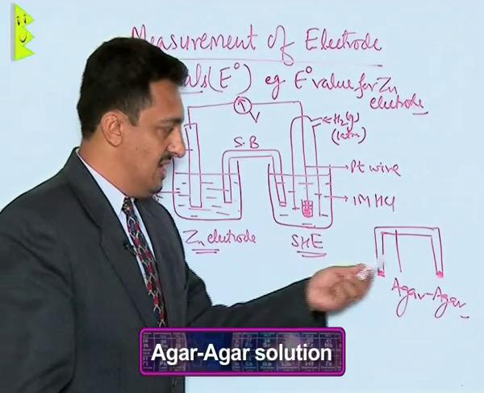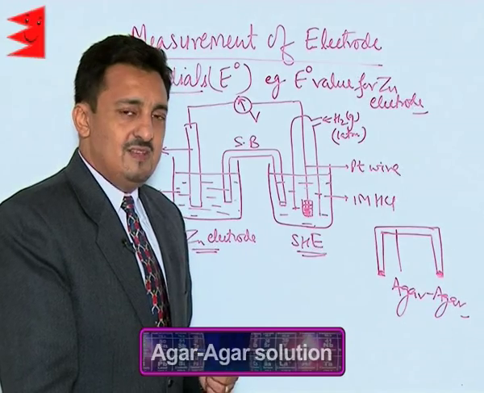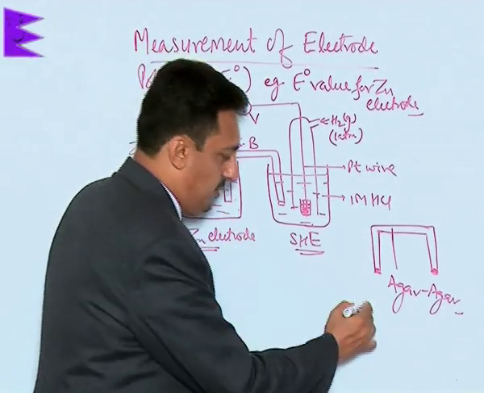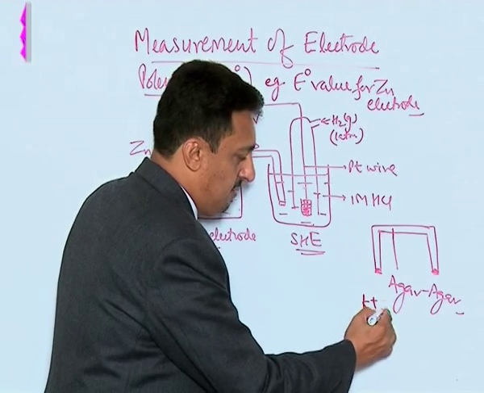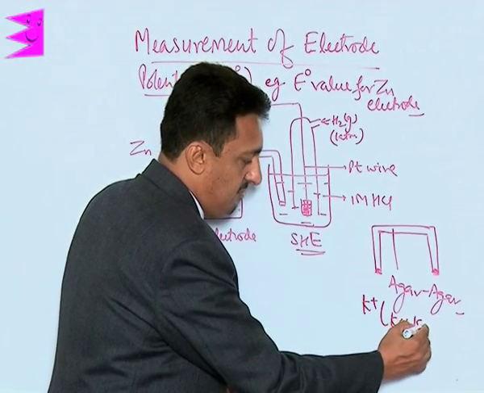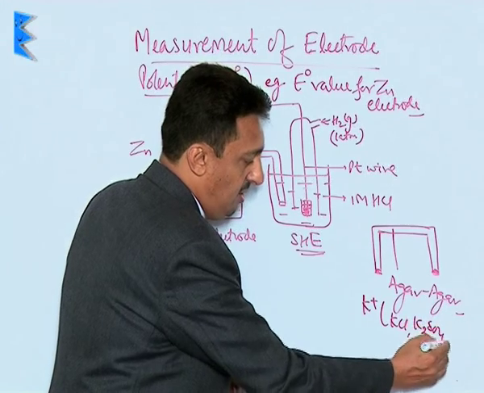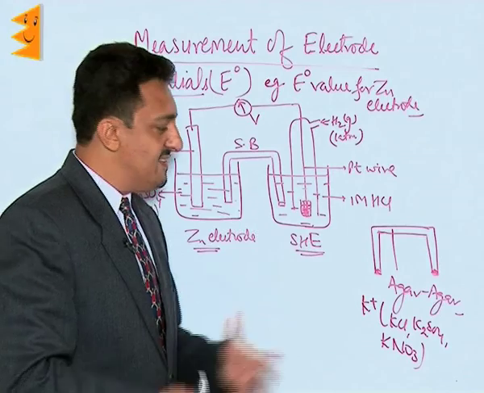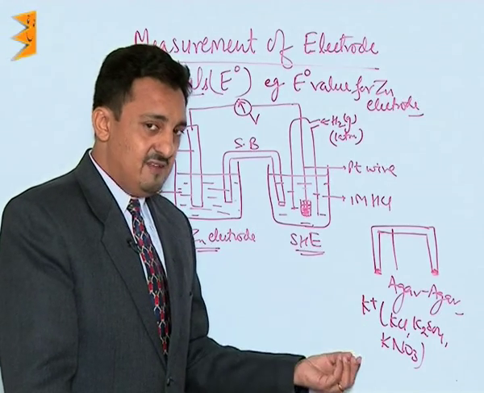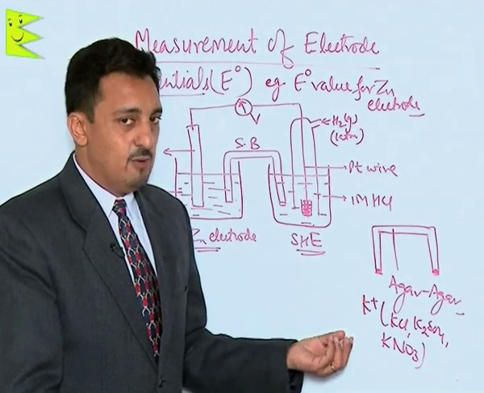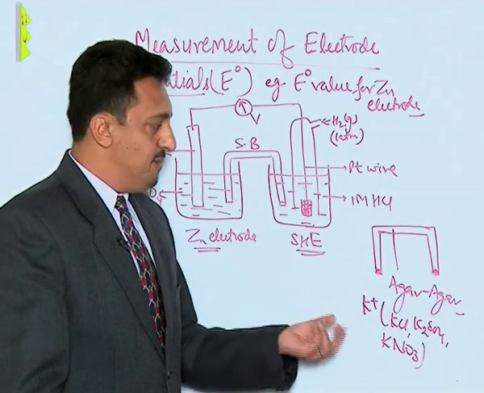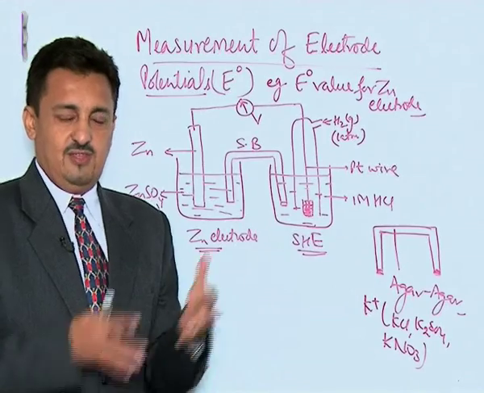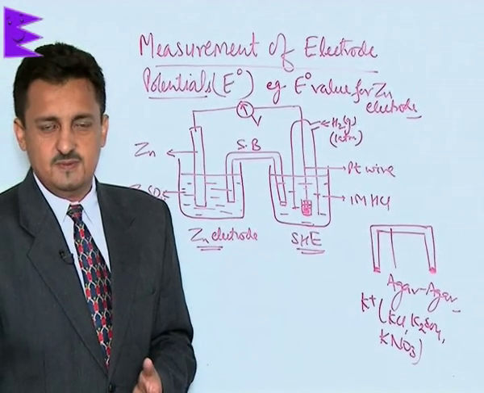In this agar gel we add salts like potassium salts, like potassium chloride, or potassium sulfate, or potassium nitrate. Now why are these salts taken? Because the ions of these salts have very high ionic mobility, and the main purpose of the salt bridge is to keep both sides electrically neutral, the reduction half and the oxidation half.